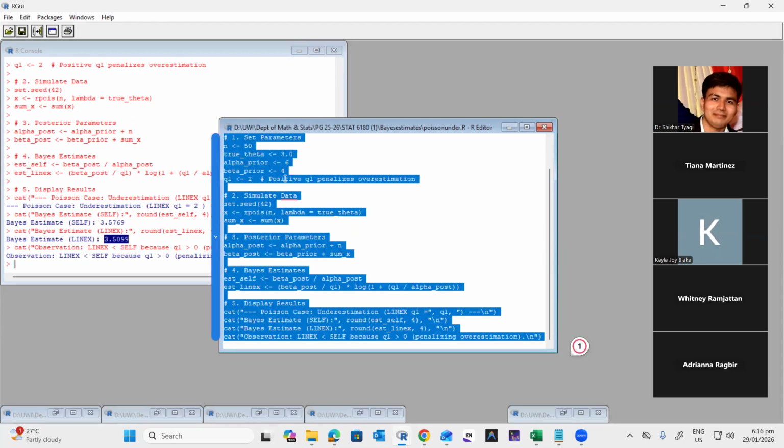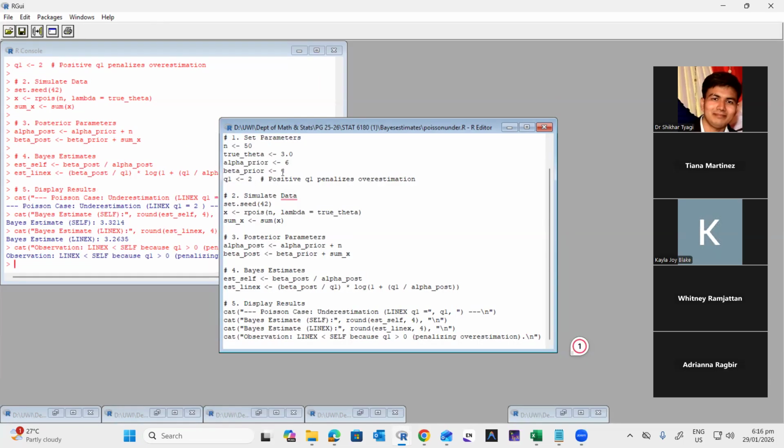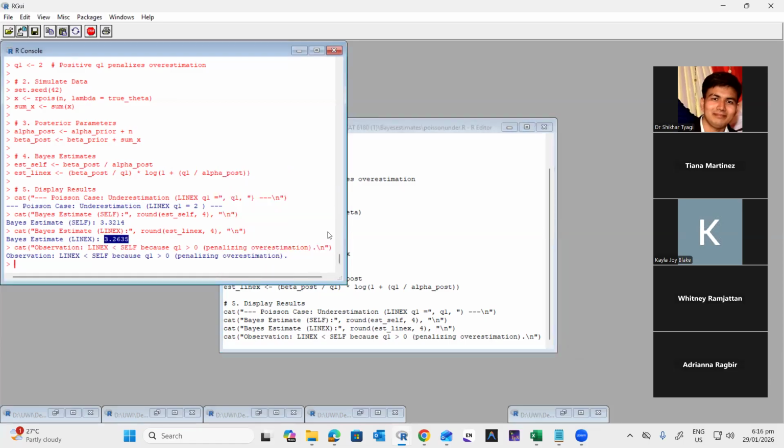Let's see what will happen. All right, the LINEX is still performing better compared to the SELF, because the parameter value is 3.32, which is quite far from 3, but the value of theta cap under the LINEX is 3.26.